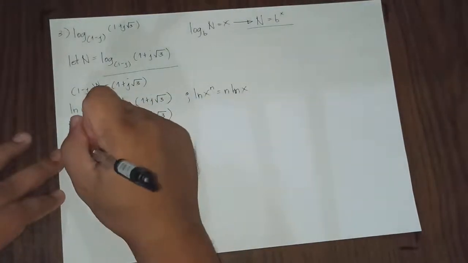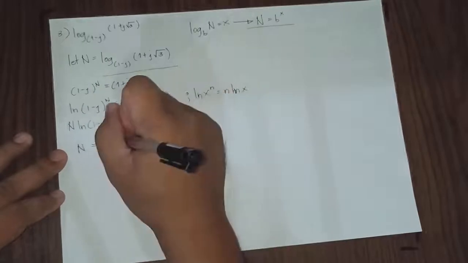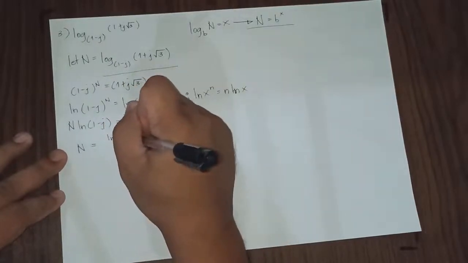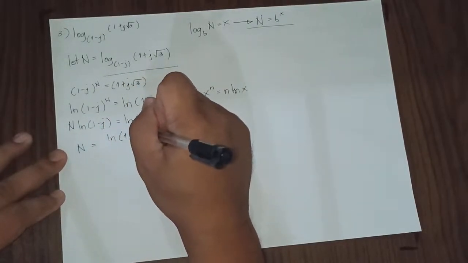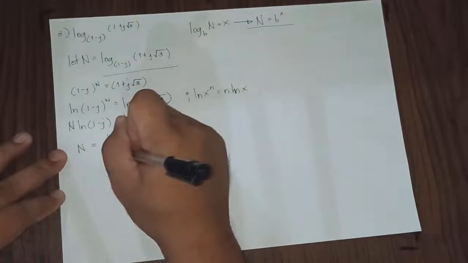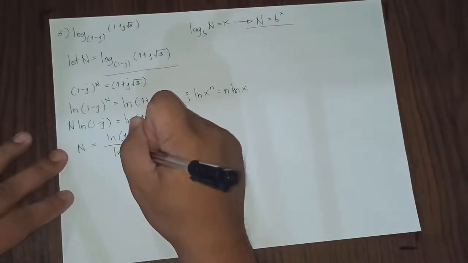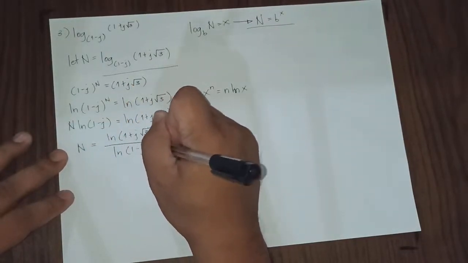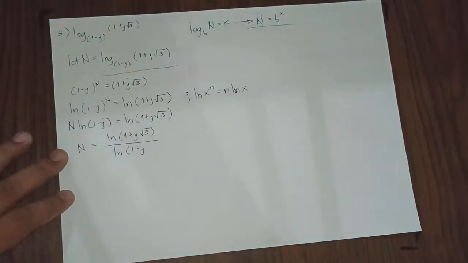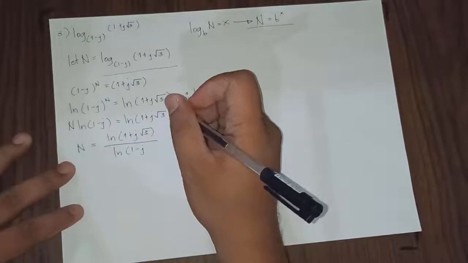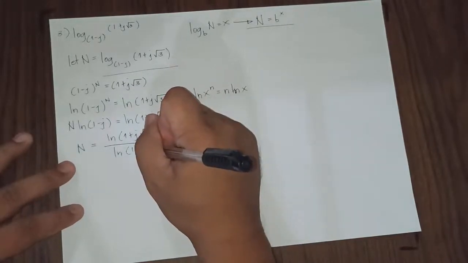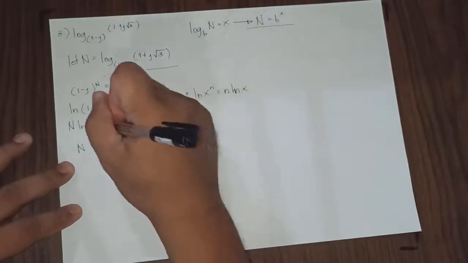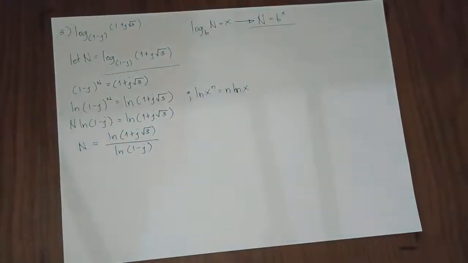Okay? And therefore, n is equal to ln of 1 plus j the square root of 3 all over ln of 1 minus j. Yan.